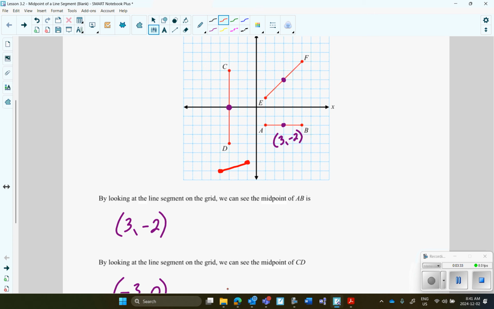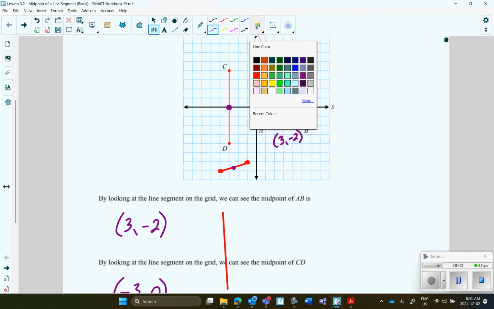You could say, oh yeah, it's about here, but I'm not sure what point that is because it's going to be a fraction x and a fraction y. It's going to be 2 point something and then comma -6 point something. So obviously we can't just look at a graph and eyeball them all. We want a formula, just like we did with distance.